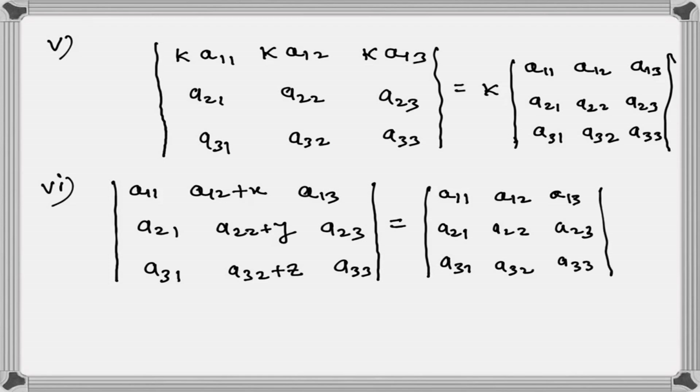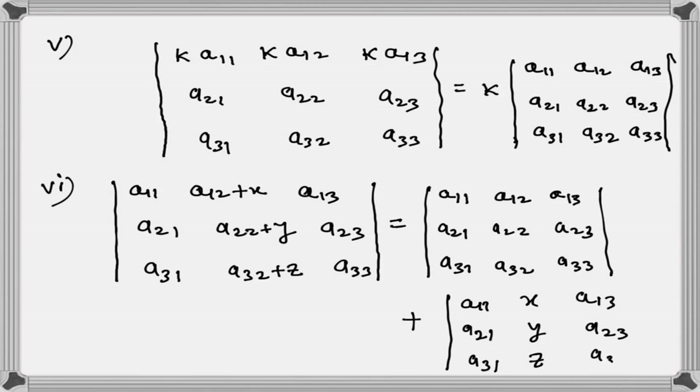Then plus the second one, a11, a21, a31, x, y, z, a13, a23, a33. So this is how we break the first determinant as a sum of two determinants.